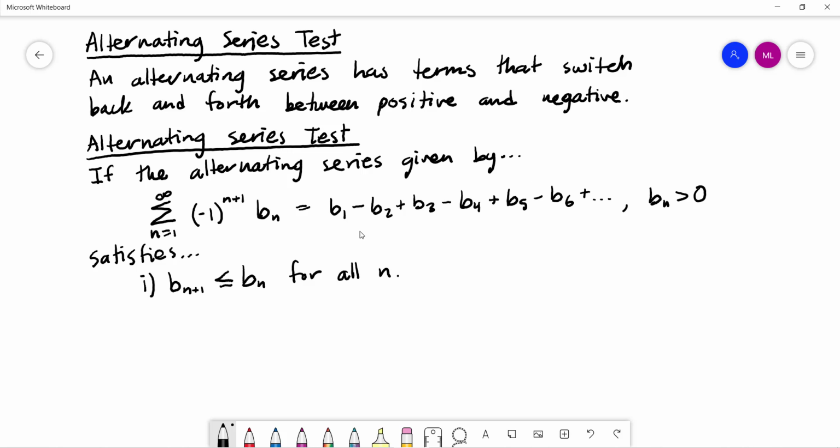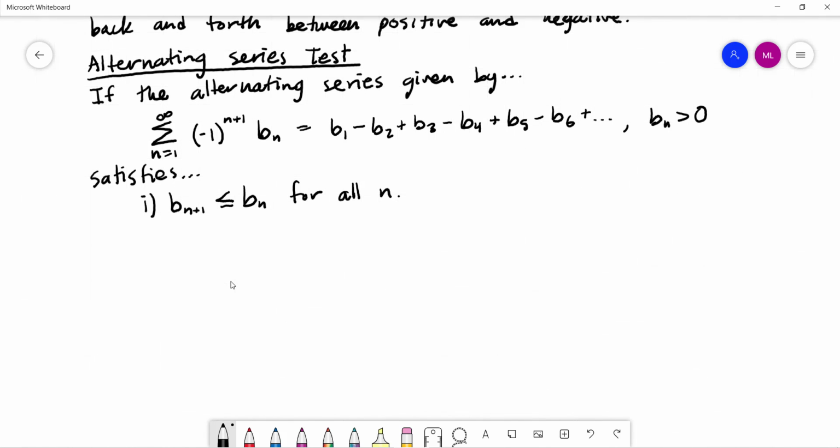So basically, forget about the plus or minus sign. b sub 1 is larger than b sub 2, is larger than b sub 3, is larger than b sub 4, and so on. So as you progress down this list, the b's get smaller and smaller. So b sub n plus 1, the next term, is always less than or equal to the current term. Each one of these terms successively has to be smaller than, or equal to, the term that came before it.